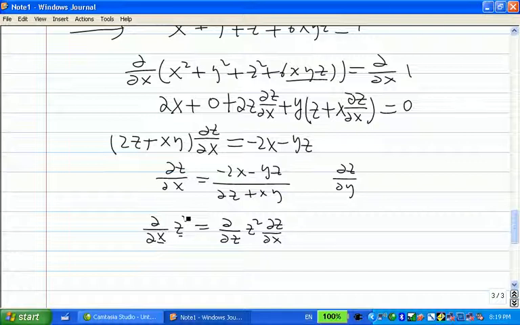This is like dy/dx equals dy/dz times dz/dx. The first part is z squared here, which simply gives you 2z, and the partial z with respect to x.